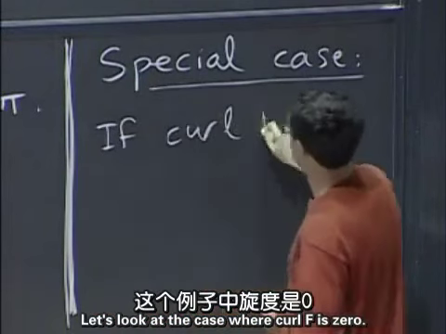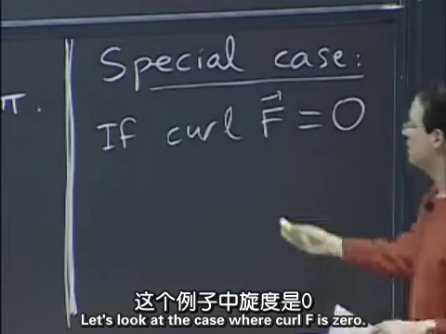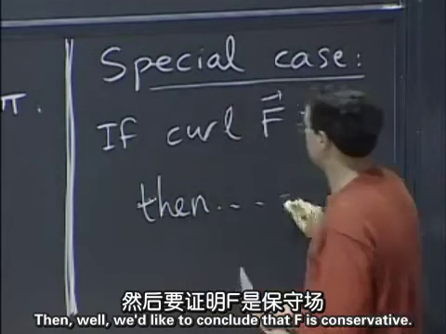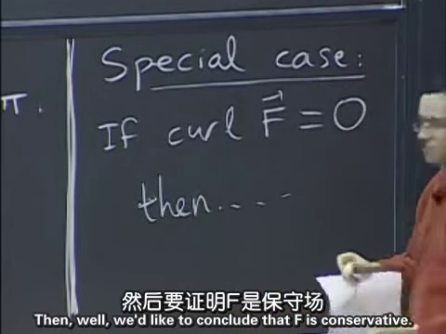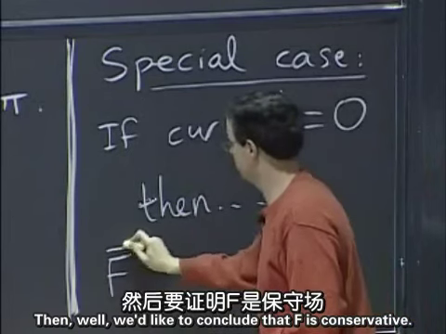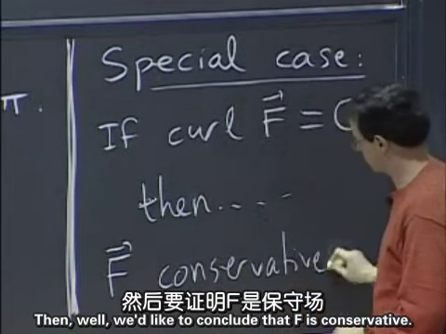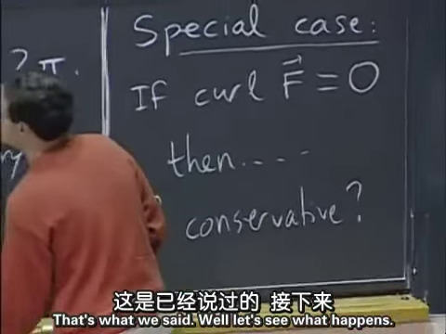Let's look at the case where curl F is 0. Then, well, we'd like to conclude that F is conservative. That's what we've said. Well, let's see what happens.